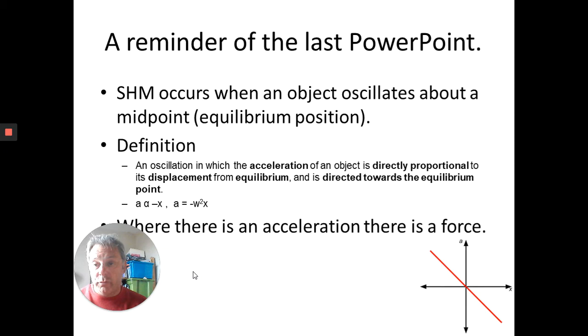So a is proportional to minus x, okay, and they've got the graph in the bottom right-hand corner there, going through the origin. And then we can turn that proportionality into a formula with the constant. Now, the constant, remember, is omega squared. Now, that should get the reason why that is the case in today's video.